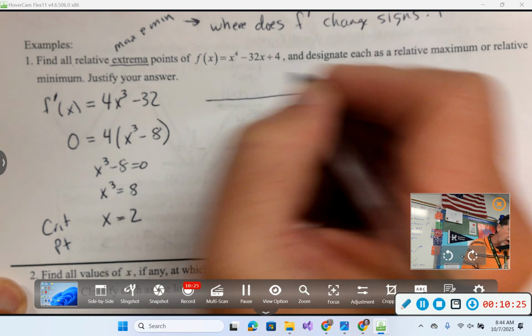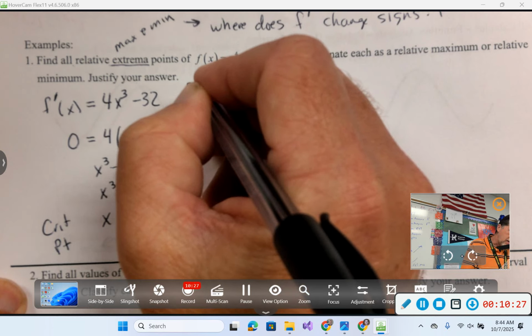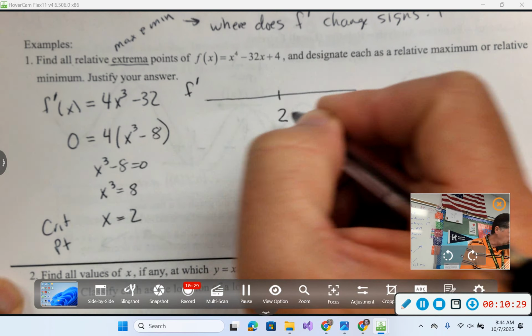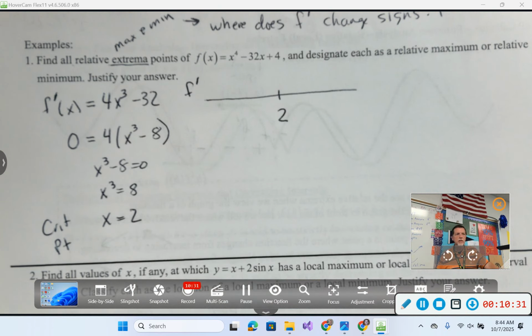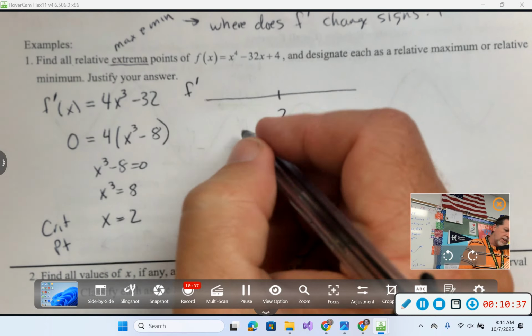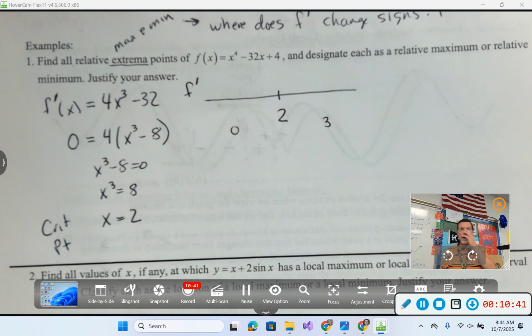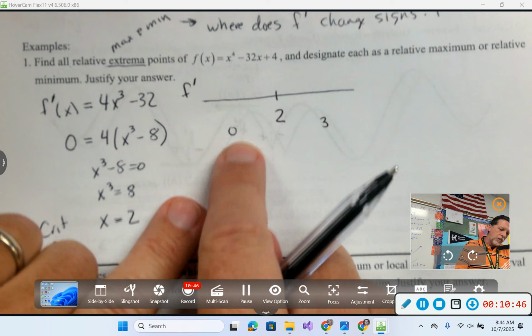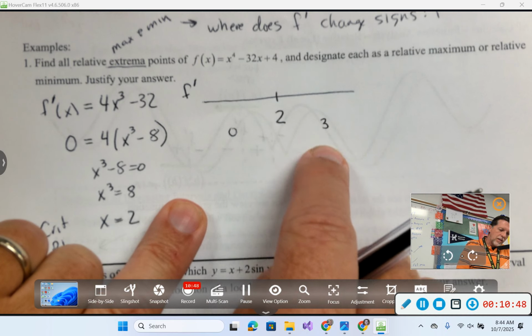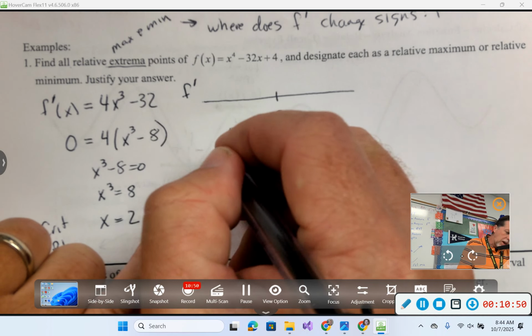So I'm going to do the f prime sign chart here. I know f prime is 0 when x is 2. I want to know what happens to the left of 2 and to the right of 2. You can pick any value you like, left of 2, and any value you like, right of 2. 0 seems like an easy pick. 3 seems like an easy pick.